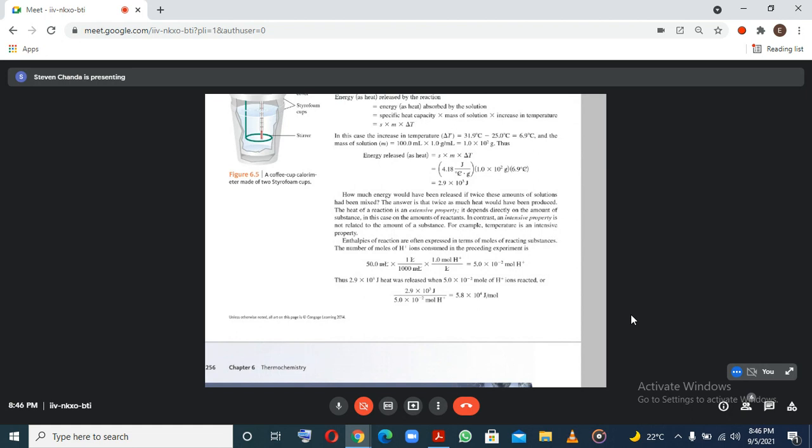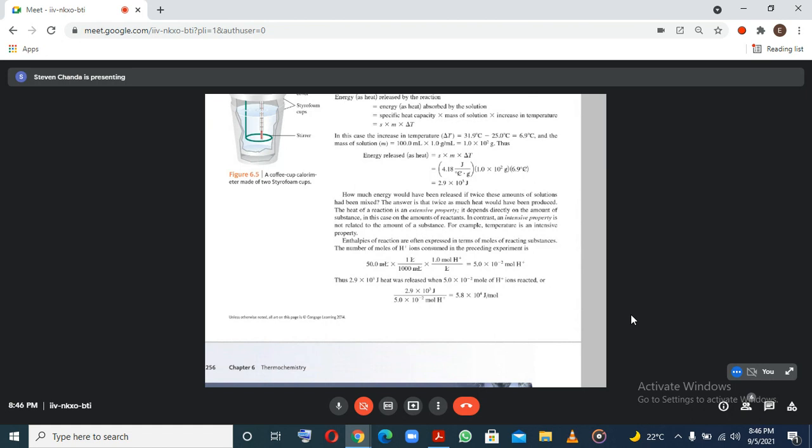So the energy released by the reaction as heat is absorbed by the solution. As the reaction releases heat, the solution is gaining that heat, so the temperature of the solution is going to begin to increase.